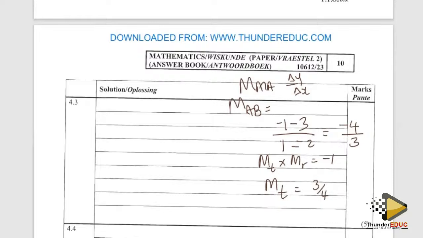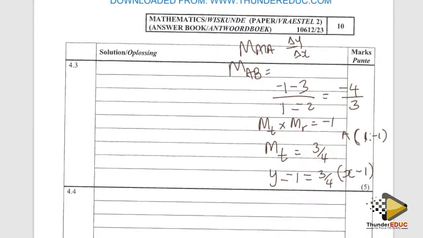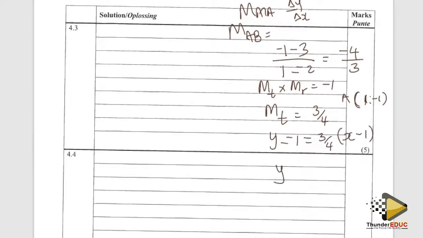Then I'm going to use the point 1 and negative 1, which is point A, and say y minus negative 1 is equal to 3/4 into x minus 1. When I open this up and simplify, I'm going to have y plus 1 is equal to 3/4 x minus 3/4. Then I need to subtract.